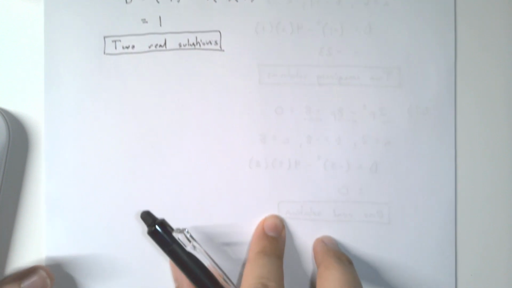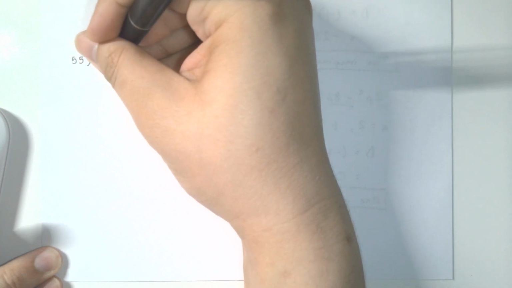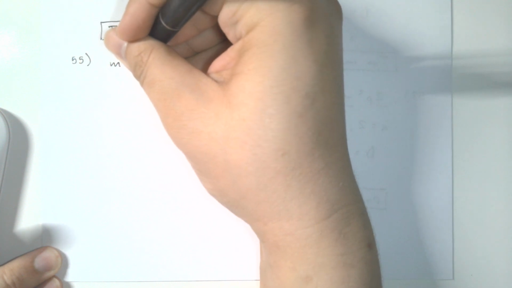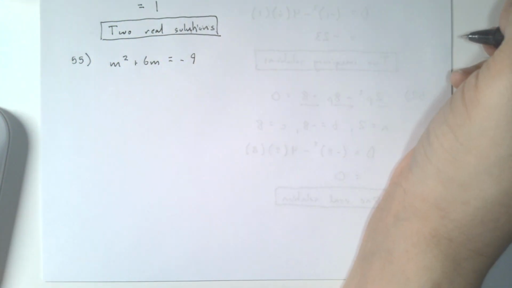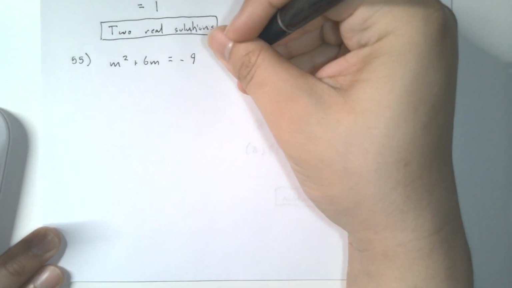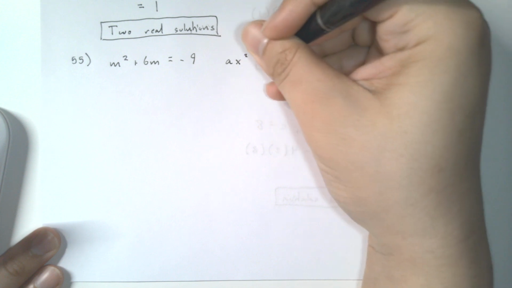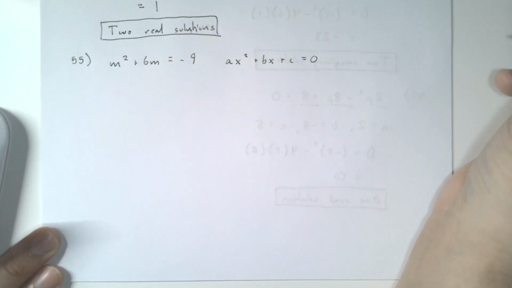For number 55, we have m squared plus 6m is equal to negative 9. So this one is not in standard form. Remember, standard form is ax squared plus bx plus c is equal to 0.